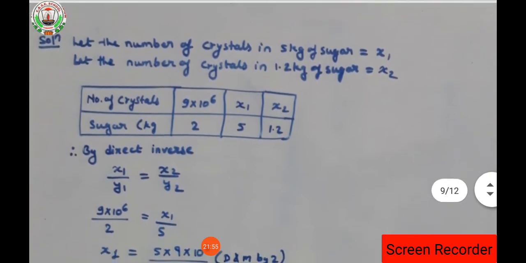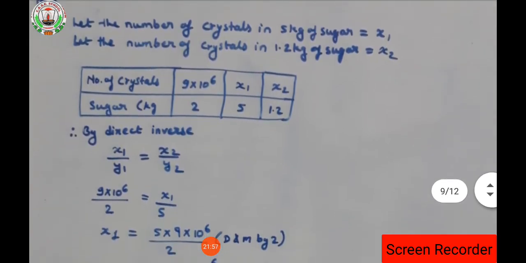Question number 7. Here question number 7 is about the crystals of sugar. As we know, sugar has an infinite number of minute crystals in it, isn't it? So this question depends on sugar crystals. Here we have to find the number of crystals in the sugar.